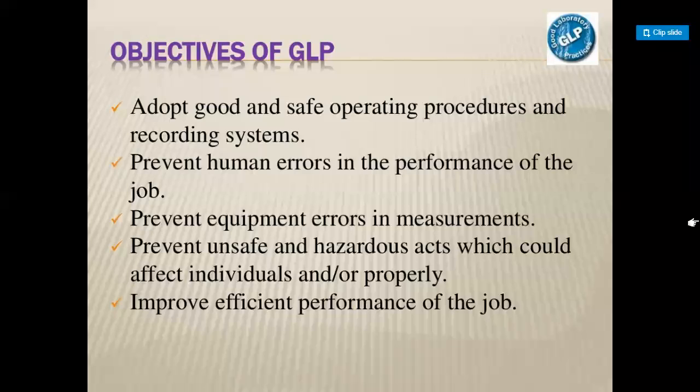The second objective is to prevent human errors in the performance of the job. What do you mean by human error? Sometimes you forget to switch on the fan, but the fan is required because ventilation is very important to dry your product, your raw material, your liquids.